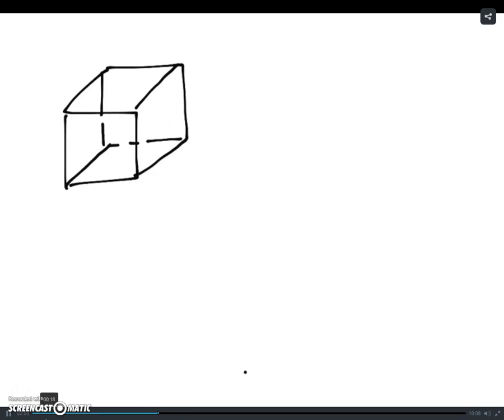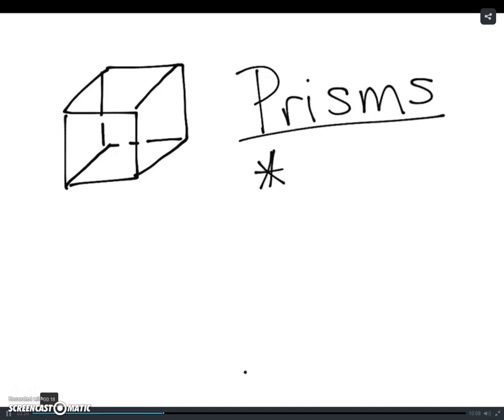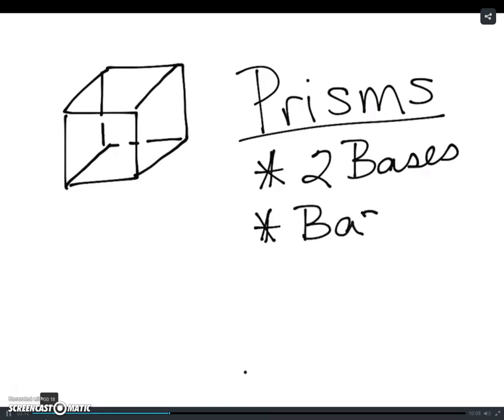We always name prisms by their bases. Prisms are going to have two bases, and the bases are always going to be parallel and congruent. These are parallel and congruent.